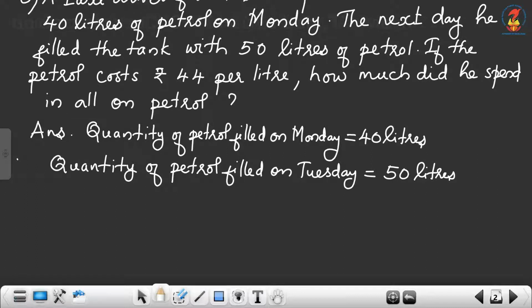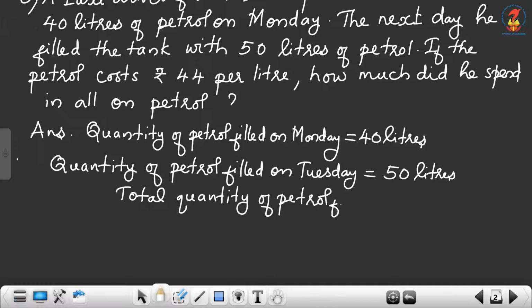Now, we can find out the total quantity of petrol filled. So, what is the total quantity of petrol filled? Monday it is 40 liters, Tuesday it is 50 liters, therefore 40 plus 50 liters.